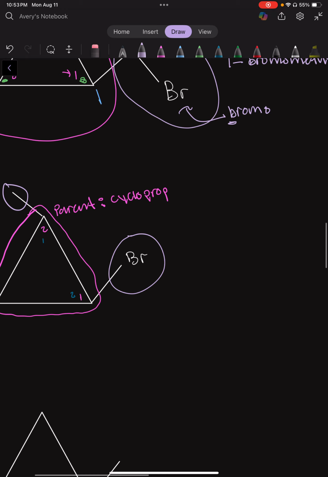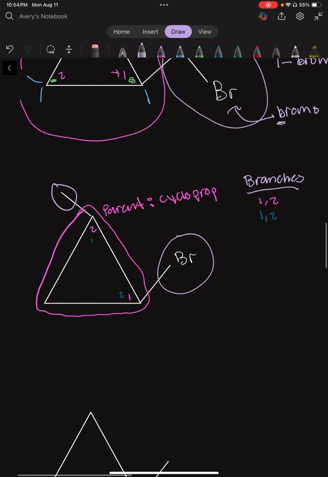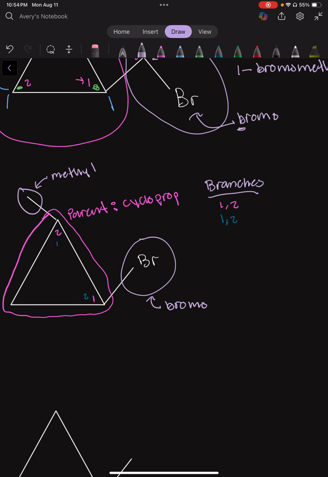So for our branches, we either have 1, 2, or 1, 2. Since they're the same numbers, we have to go alphabetically. Like we established before, a single carbon branch is going to be methyl, and a single bromine branch is going to be bromo. Bromo alphabetically comes before the methyl.